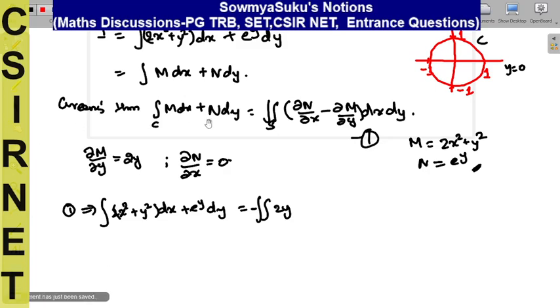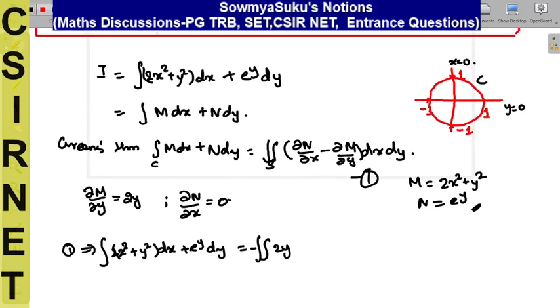You can see this figure, x starts at 0, and the radius is 1. So x varies from 0 to 1. And y varies from 0, because y equal to 0 is the line, and this is the boundary. We know this boundary is x² + y² equal to 1.